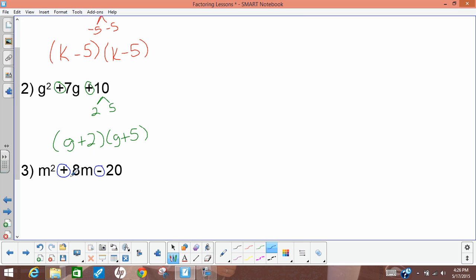And when I have a positive b and a negative c, I need a positive and a negative. Those factors are going to be 10 and negative 2. They multiply to be negative 20, add to be positive 8, so we get m plus 10 times m minus 2. But again, if you had m minus 2 times m plus 10, with the parentheses switched, you're good to go.